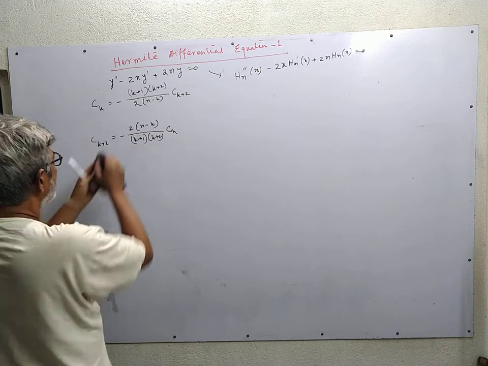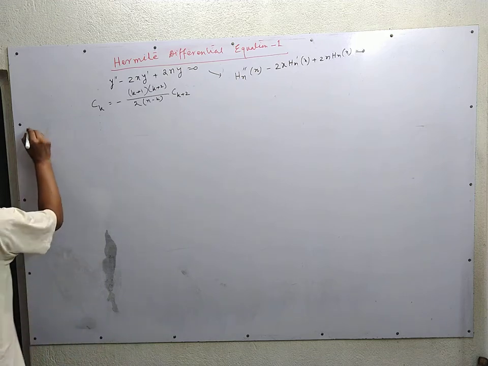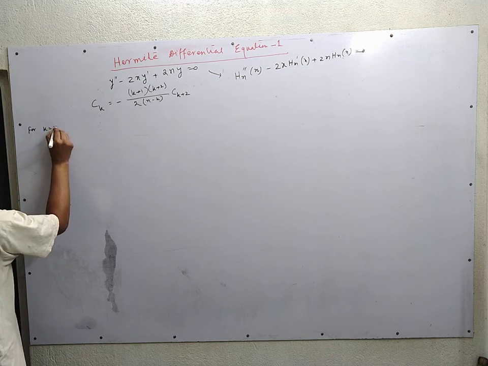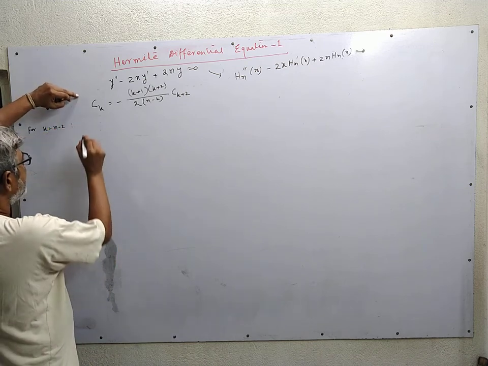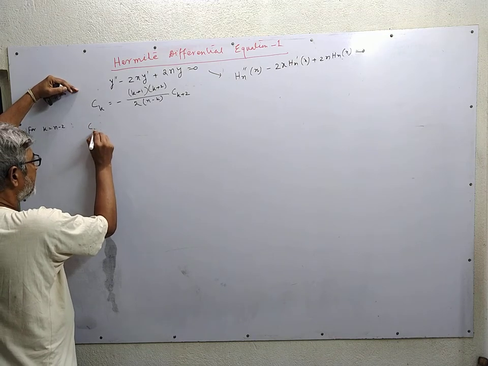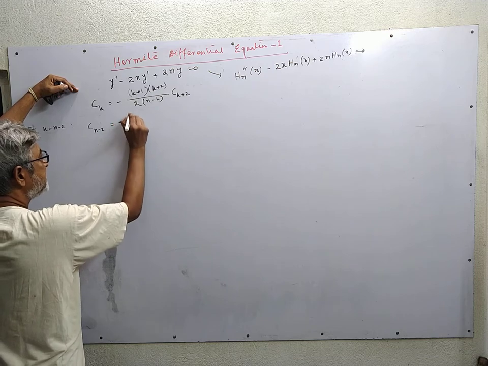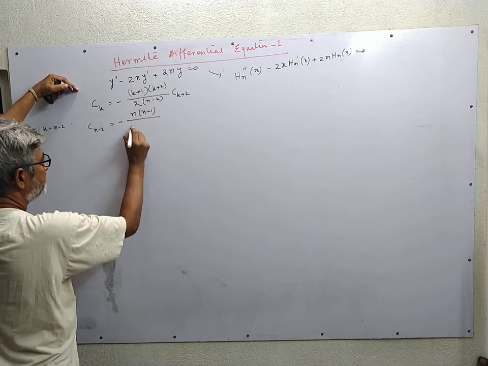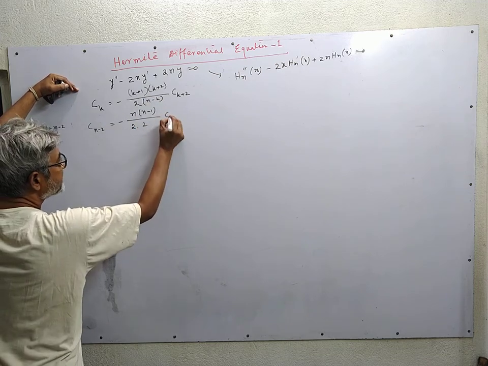We just inverted the relation and we put k is equal to n minus 2. So what do we get? We get, this is minus n into n minus 1, the numerator, and the denominator is 2, and from here we get 2 Cn.